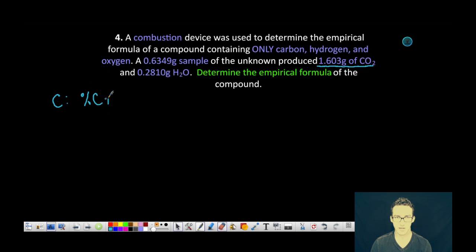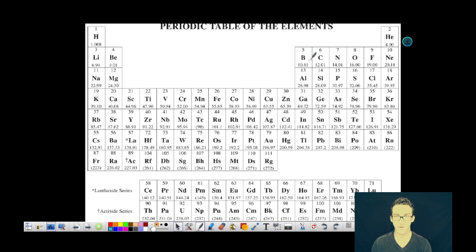So the percent carbon in carbon dioxide, we take the mass of carbon, which is 12.01, which comes from the periodic table, and divide that by 44.01. So this is grams carbon, this is grams carbon dioxide. And where do these numbers come from? Our carbon, 12.01. Carbon dioxide is going to be 1 carbon and 2 oxygens, which is going to be 44.01.